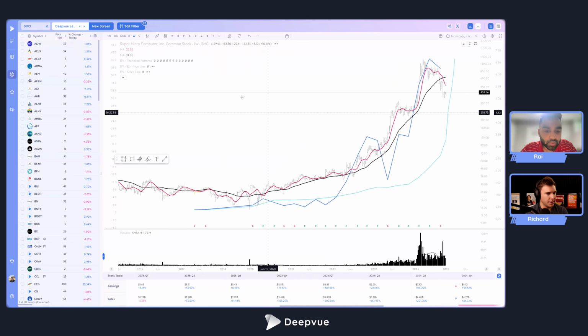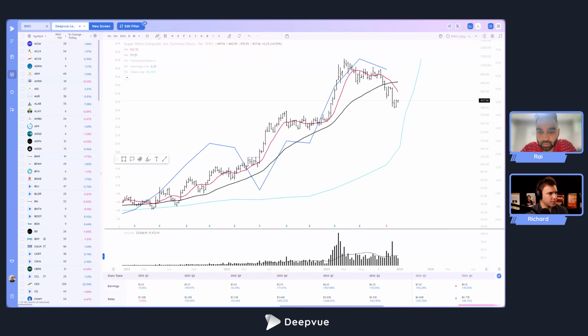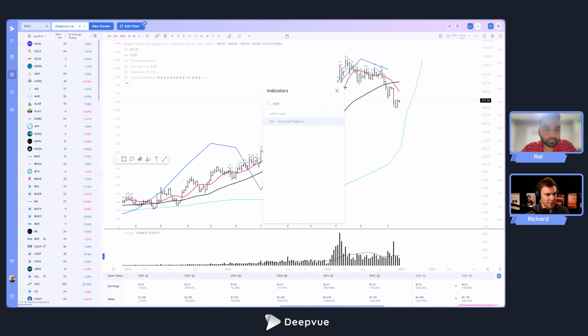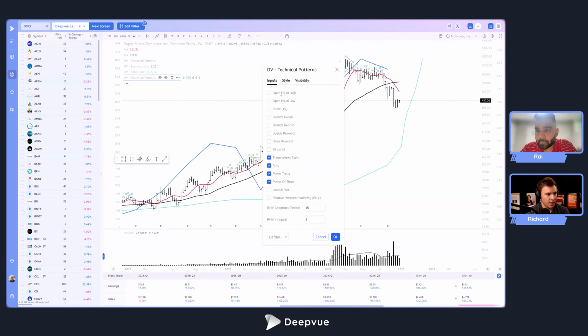Yeah, go over the technical patterns real quick. That's a great one to talk through. This is a specialized indicator that has a lot of patterns built in that you can identify. We've got open equals high, low, inside days, outside days, reversals, slingshot, 3 weeks tight, ants, power trend, power three.